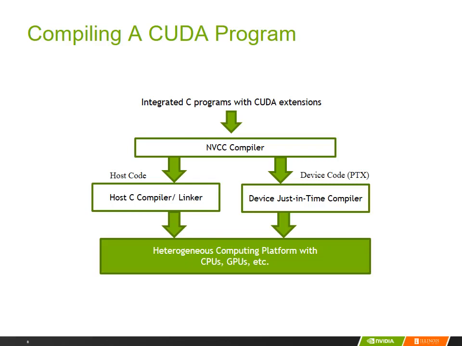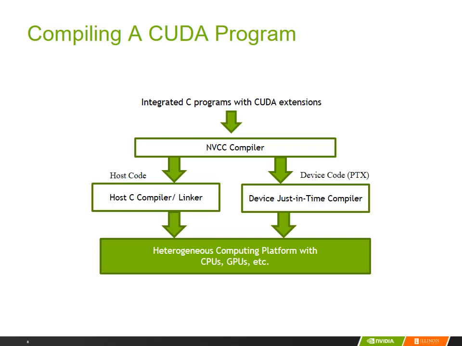So we send the entire program through the NVCC NVIDIA C compiler, and then the NVCC compiler will separate out the host functions, device functions, and kernel functions. The host code will go through a host C compiler of your choice with the linker, typically GCC or Intel ICC, or other C compilers from other vendors, such as Microsoft C.